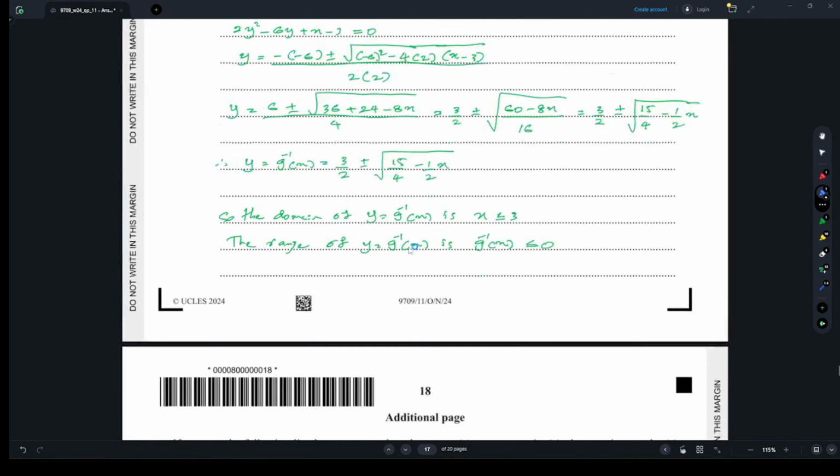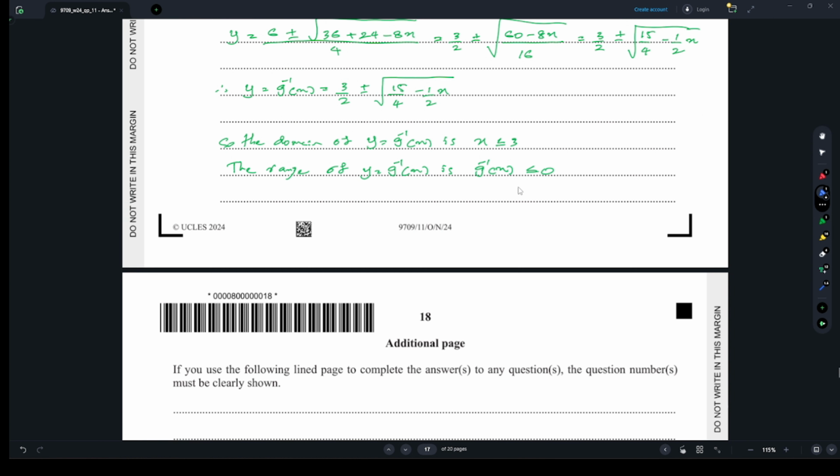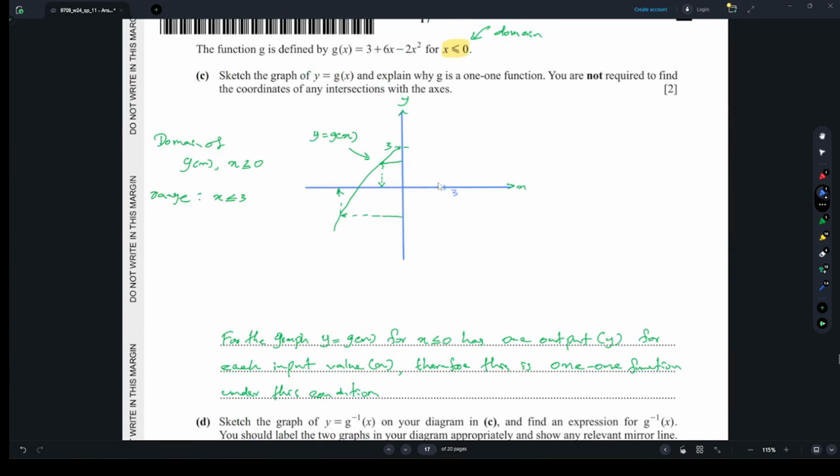And then the values, okay, so the range is less than or equal to 0. So then that means the graph should be below the x-axis. Okay, and then we have to draw that one.